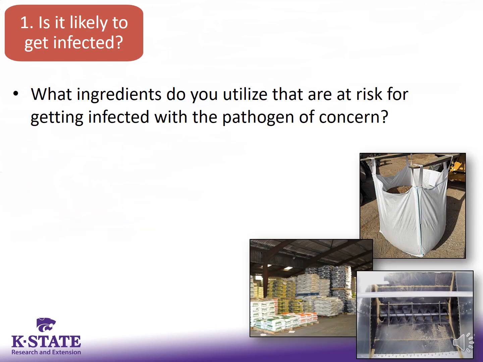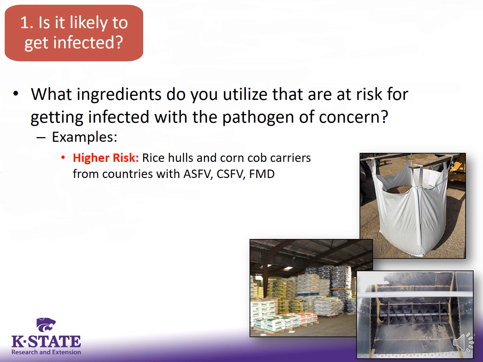So again, as we look at which ingredients are at risk for becoming infected with a foreign animal disease, we have some examples to consider. A higher risk ingredient would be something like rice hulls or corn cob carriers from a country with circulating African swine fever virus, classical swine fever virus, or foot and mouth disease.